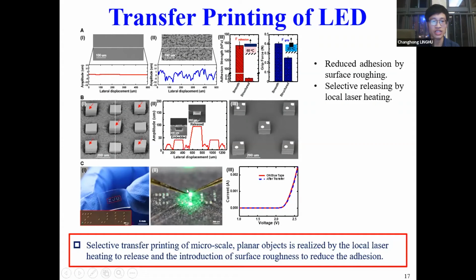Here the LED chips are lighted on the probe station. Because the SMP has a very low glass transition temperature, the heating power is very low, as low as 125 microwatts. So the performance of the LED chips is not influenced obviously, and the current and the voltage curves are nearly identical before and after transfer.